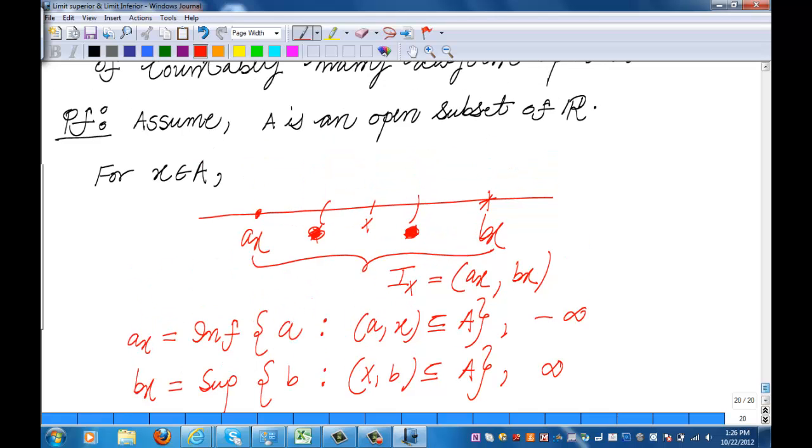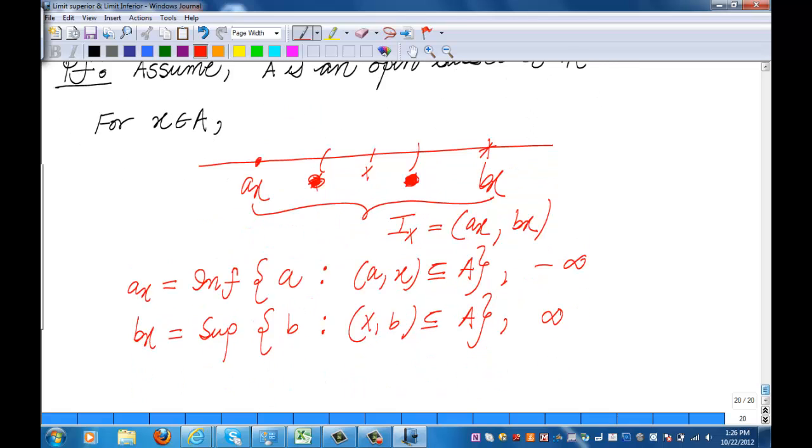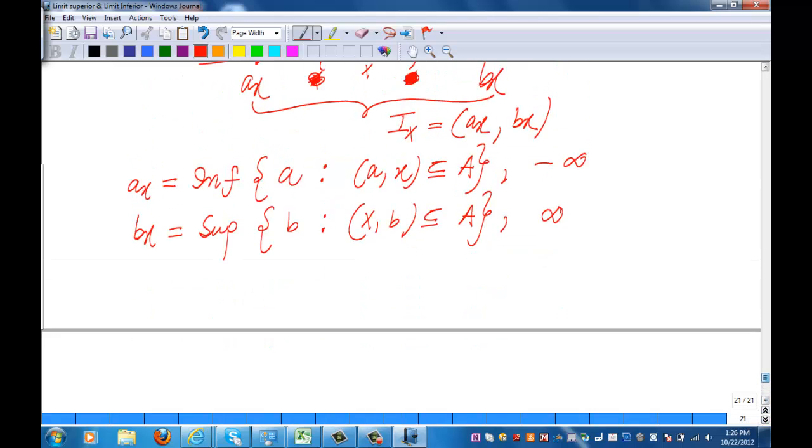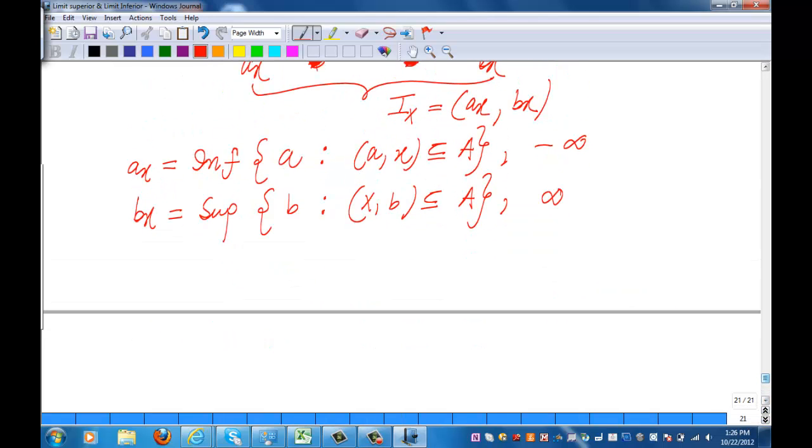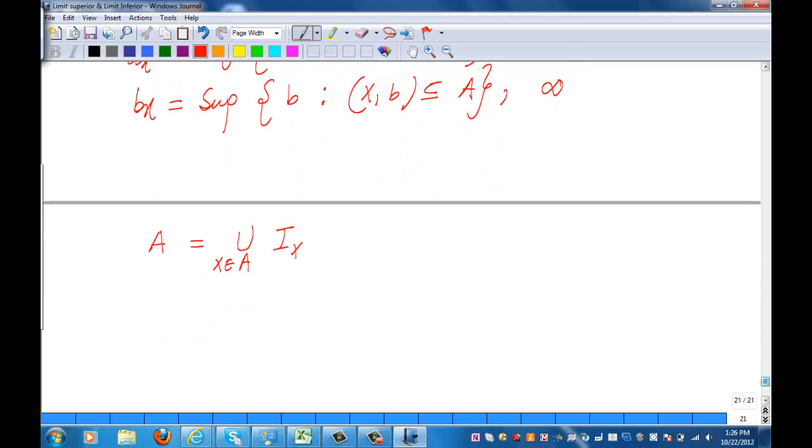Now, is it clear that if I define Ix like this for any x in A, then the set A is the union of all these Ix, where x goes over all the numbers in A? That should be clear because for every x in A, I have Ix, and x is contained in Ix.